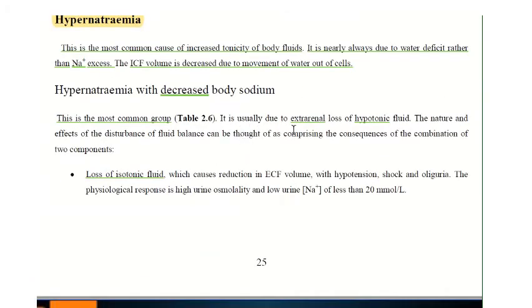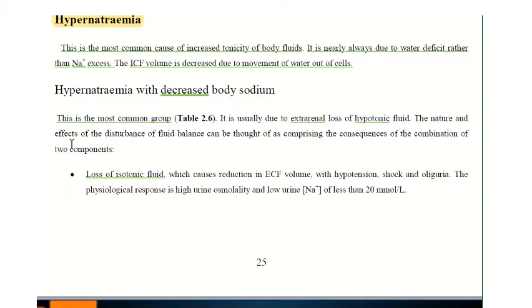It is usually due to extrarenal loss of hypotonic fluid، يعني أسباب extrarenal خارج الكلى.